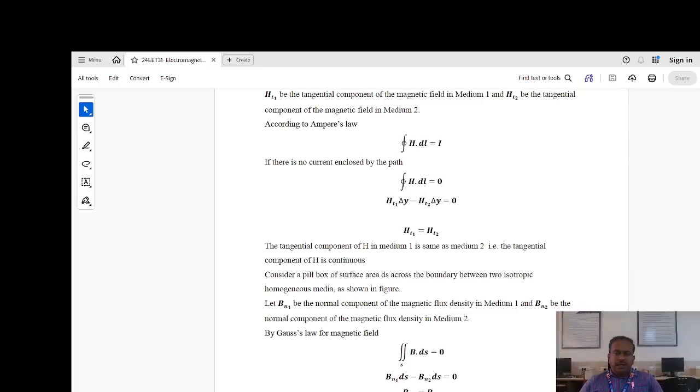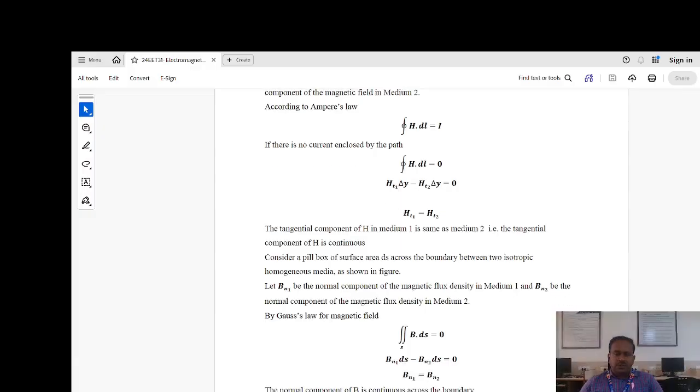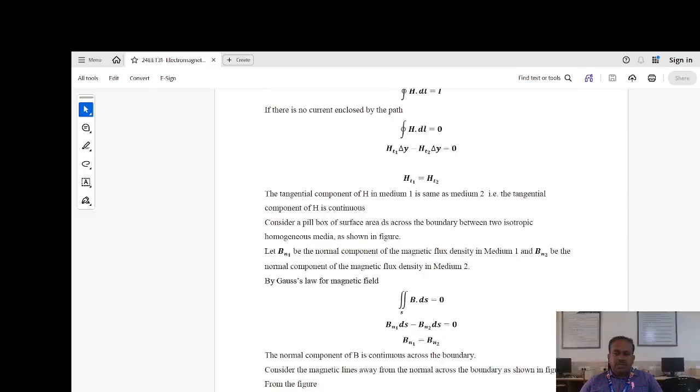By applying Gauss law for magnetic field, the surface integral of B dot ds equals 0. So we get Bn1 into ds minus Bn2 into ds equal to 0, hence Bn1 equal to Bn2. So the normal component of B is continuous across the boundary.